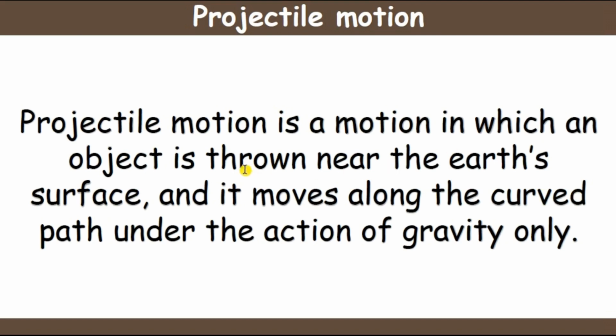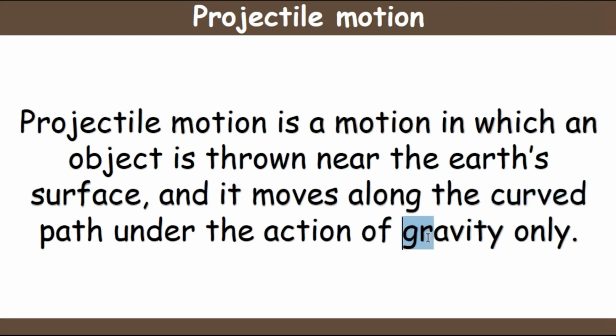So whenever an object is thrown at the earth's surface, and as a result of the throwing it follows a curved path, then the object is said to be in projectile motion.